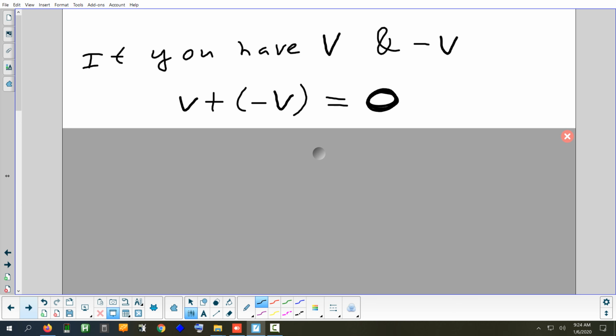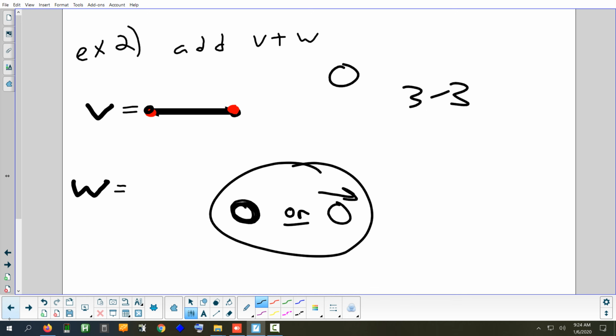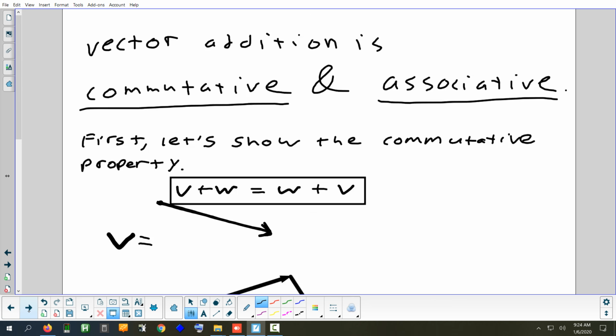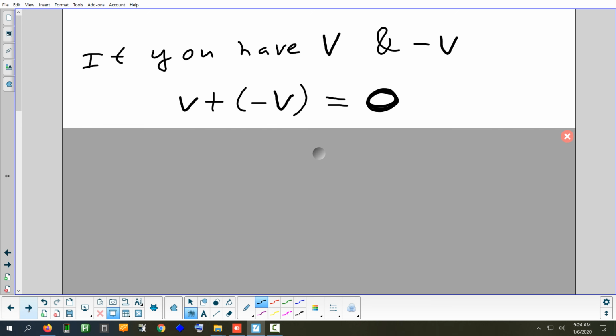If you have two vectors and one of them is the negative of the other, that's visually like this, example 2. The negative is just there to tell you this one points the other way. Think about what a negative does in math. It makes it the opposite. It does the same with vectors. It makes it the opposite. It doesn't change the length, just points the opposite way.